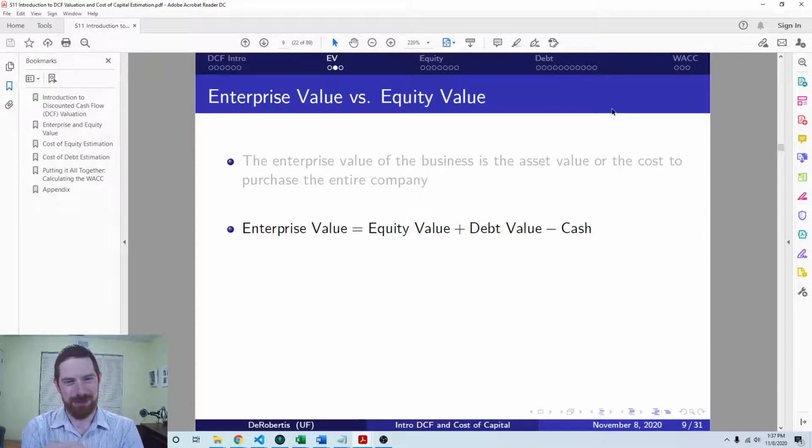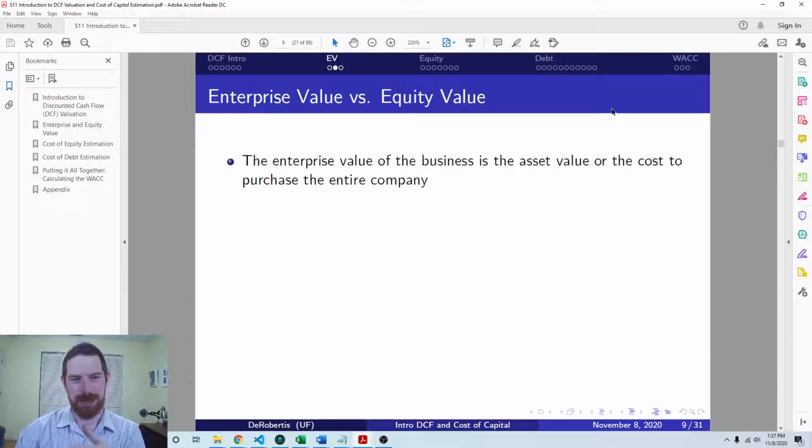Where a lot of students struggle with this definition is the fact that we're subtracting cash here. You might think, well, cash is a good thing, so shouldn't it add to the value of a company? In order to help understand this, I like to think about these two possible ways that we can conceptualize the enterprise value: asset value, or the acquisition cost.